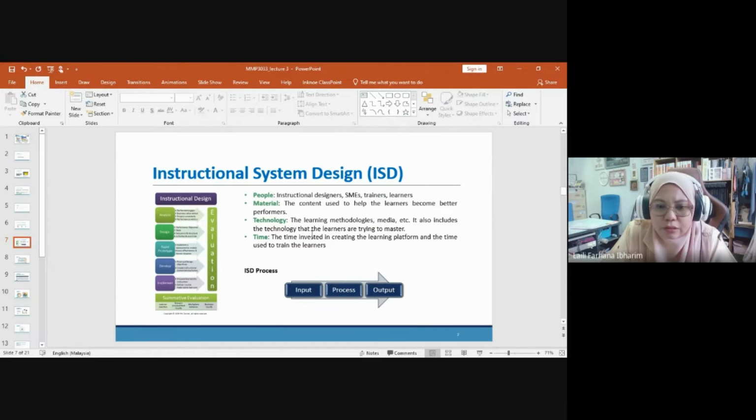It also includes the technology that the learners are trying to master, especially for technical or vocational students. They have to know about the technology. Okay, for example, you as a multimedia student, you have to know about some of the programming part, some of the authoring tools, software, when you want to learn in the multimedia subject.